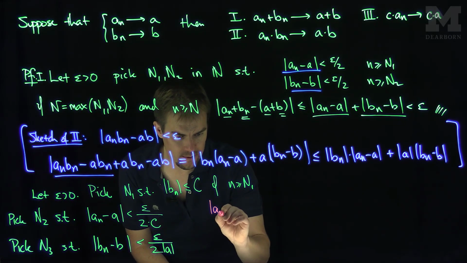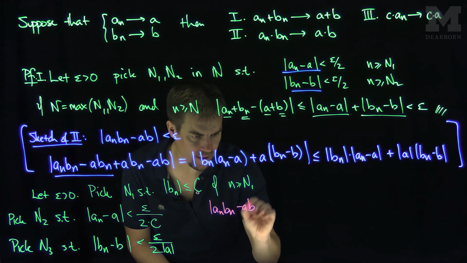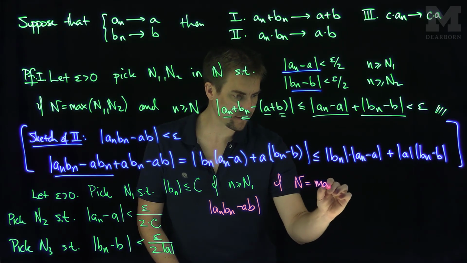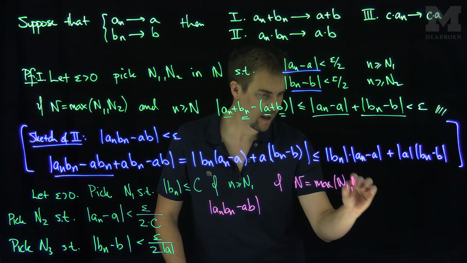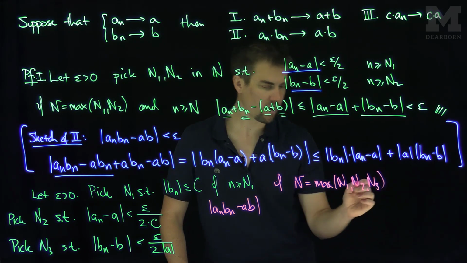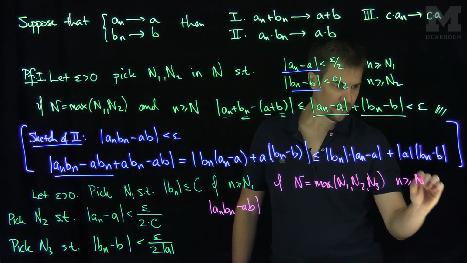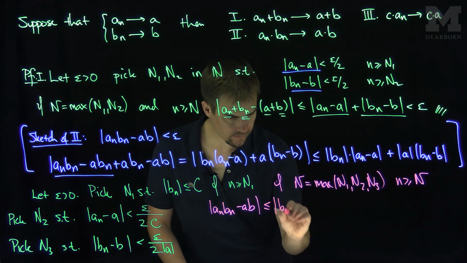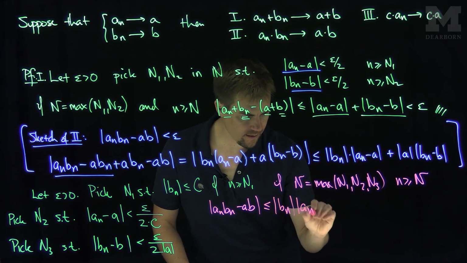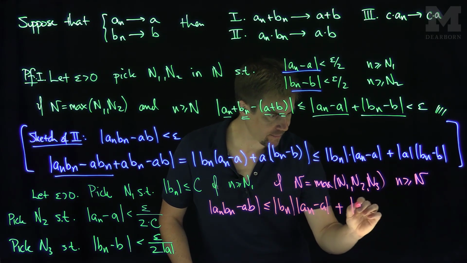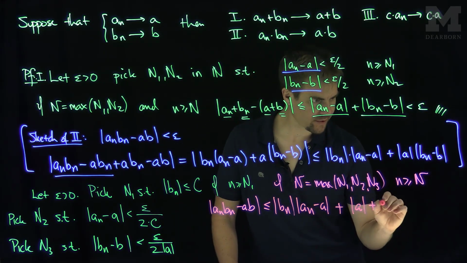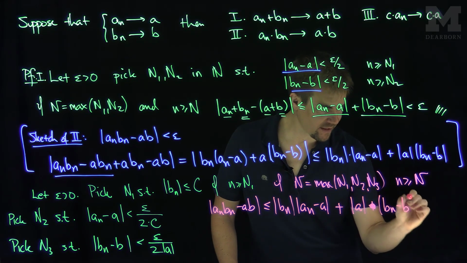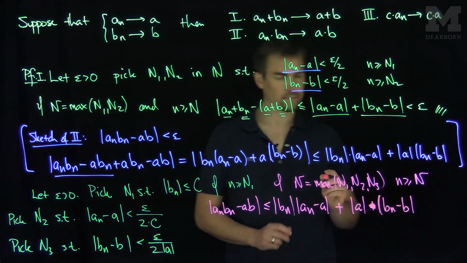So an Bn minus ab, if capital N is equal to the max of n1, n2, and n3, and little n is bigger than this capital N, then this is less than or equal to Bn times an minus a, plus absolute value a times the quantity Bn minus b in absolute value. Good?